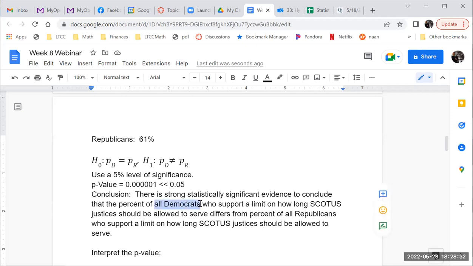By writing the percent of all Democrats, and you can use proportion, it's the same thing, multiplied by 100. So the percent of all Democrats, that defines it right there. But if you don't use the word all, you haven't defined it right. Does that make sense? You could also write population proportion of Democrats who, that's the same thing. Okay, it's English, and there are different ways of writing English stuff.